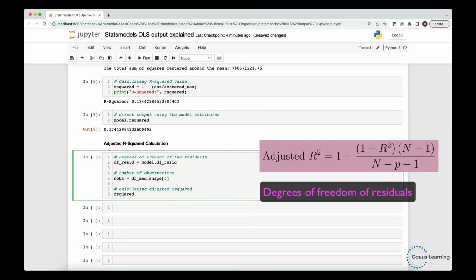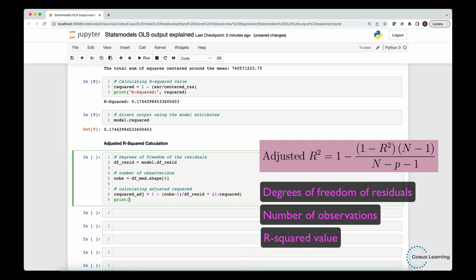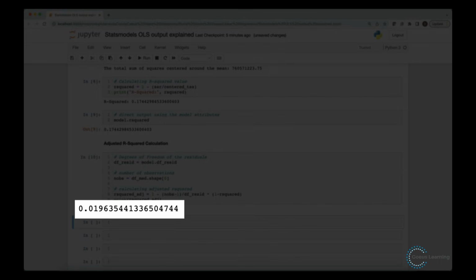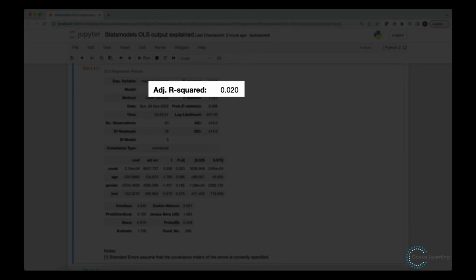Using the degrees of freedom of residuals, number of observations, and the r-squared value, we get the adjusted r-squared value. You can tally the value of the computed adjusted r-squared and the adjusted r-squared as given by the OLS output.